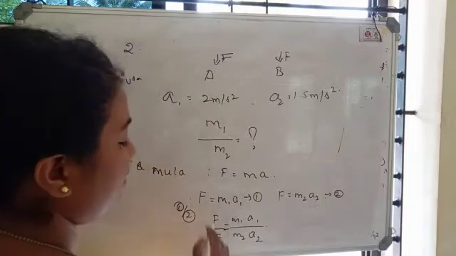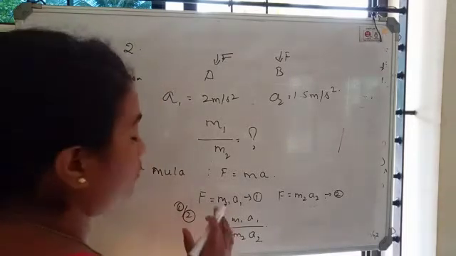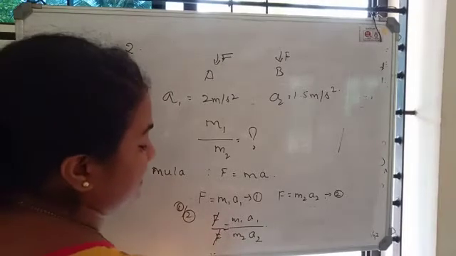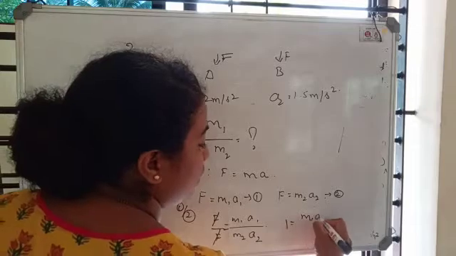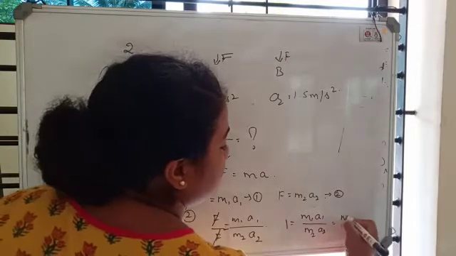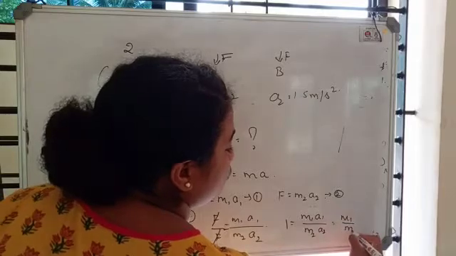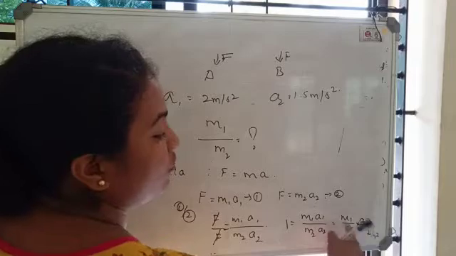Here you can see F and F are the same quantity, so you can cancel them. What remains on this side is 1. 1 is equal to m1 a1 divided by m2 a2, which can also be written as m1 by m2 into a1 by a2. Now you are supposed to find out the value of m1 by m2.